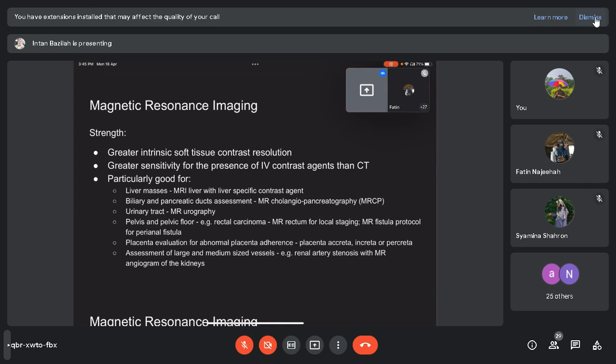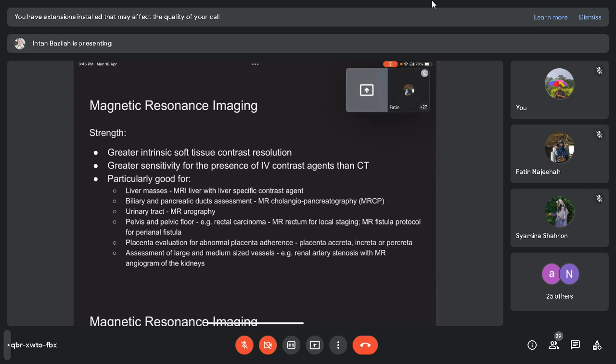We use a specific contrast agent for liver masses that only certain lesions will take up. So it's quite specific. Only hepatoma will produce this kind of image, unlike metastasis or regenerative nodules. So it's more specific than the CT liver protocol.